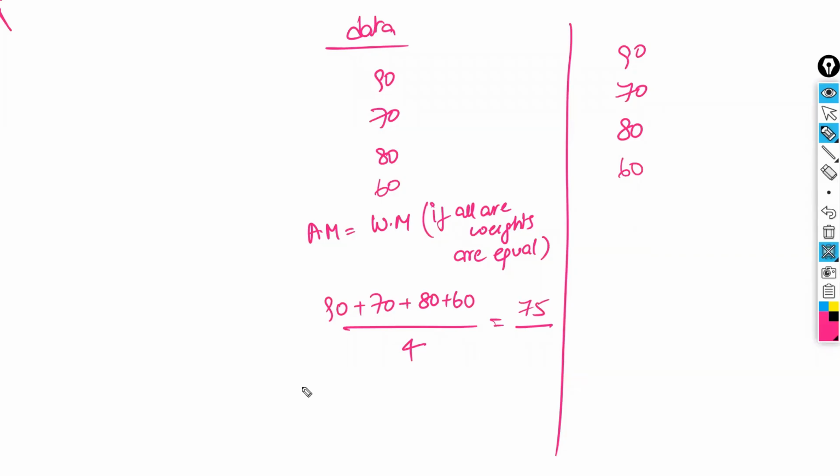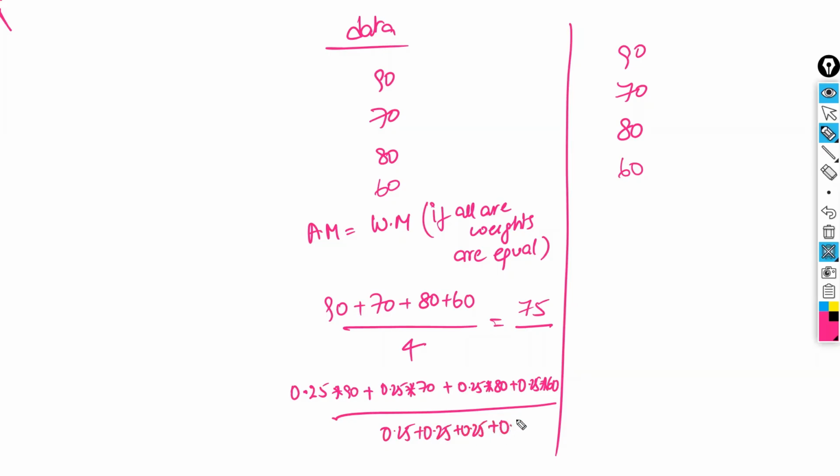If you do the same thing by applying 0.25 into 90 plus 0.25 into 70 plus 0.25 into 80 plus 0.25 into 60, divided by 0.25 plus 0.25 plus 0.25 plus 0.25, that is the summation of sigma wx divided by sigma w.